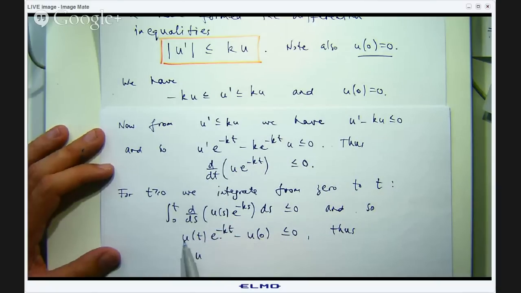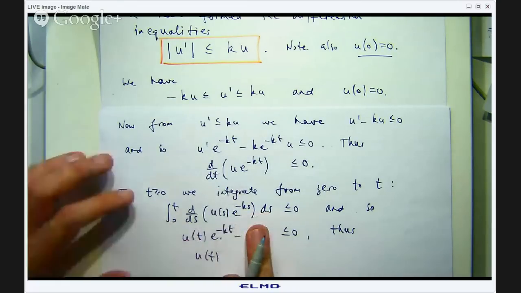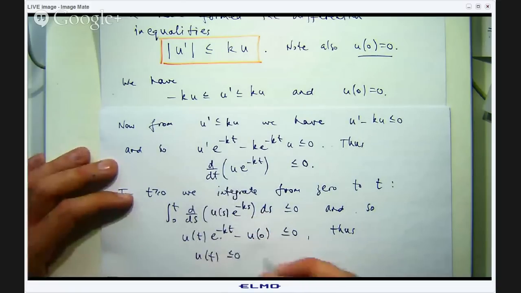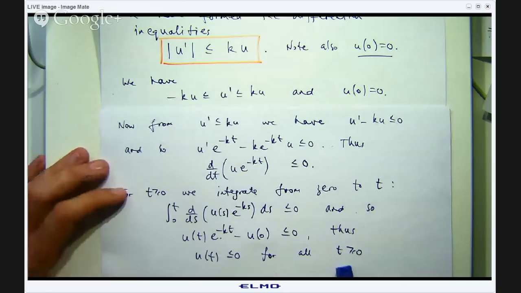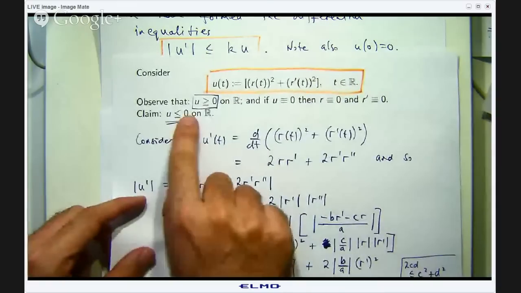So what does it mean? It means that this has to be less than or equal to 0. That disappears. That's always positive. This product is non-negative, so that has got to be less than or equal to 0. So for t greater than or equal to 0, I've achieved half of what I wanted here.